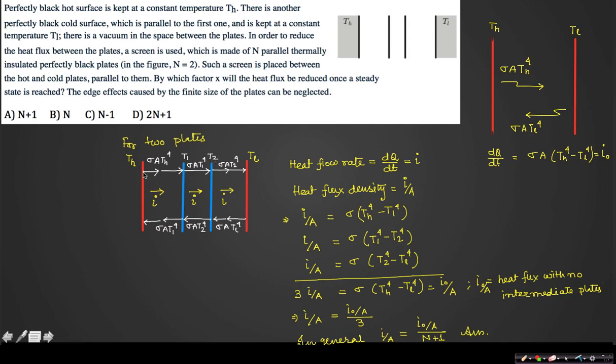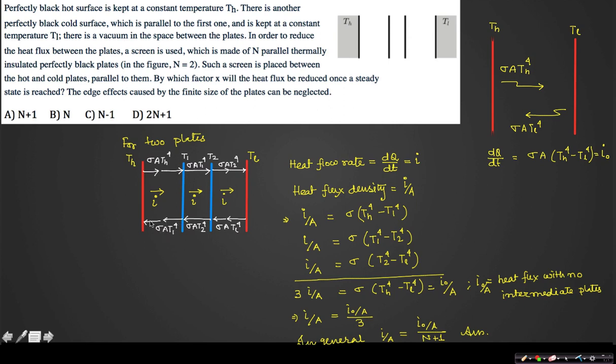So what happens? This hot plate will give a radiation sigma A Th power 4 to this T1 plate, and the T1 plate will also radiate heat in both directions, to the right side as well as to the left side. To the right it will radiate sigma A T1 power 4 and to the left sigma A T1 power 4.